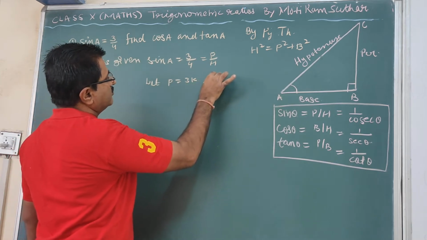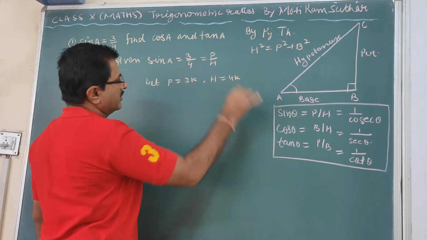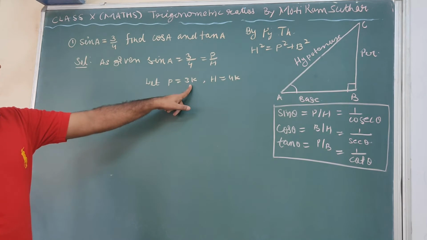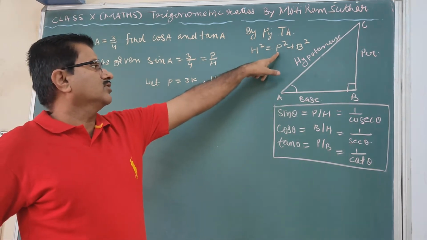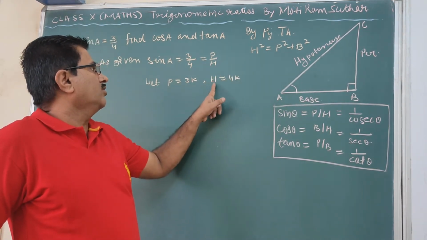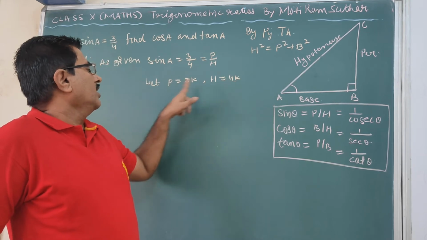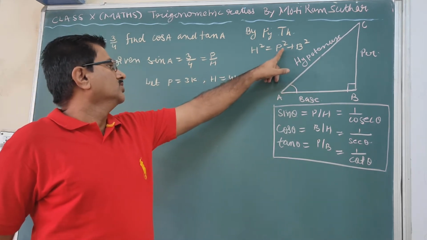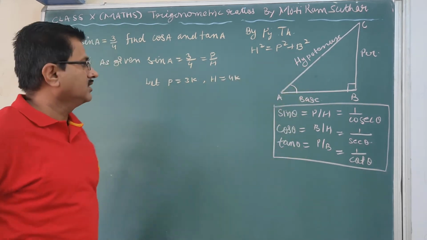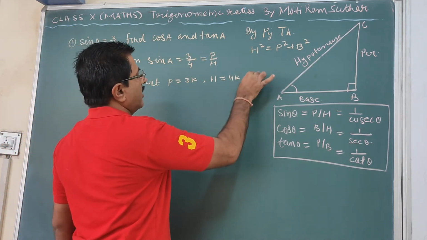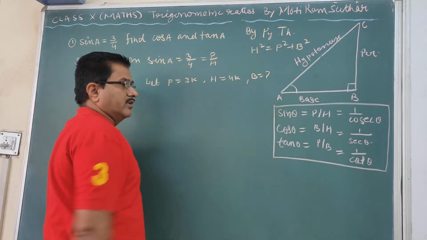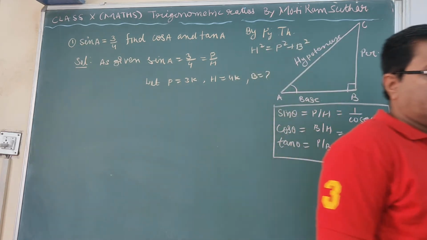Then hypotenuse will be 4k. So we are getting two sides of the triangle. Now by Pythagoras we can find the third. Put the value of h as 4k and p as 3k. So we get the base. Clear? Base we have to find. Here we want to find the base of the triangle.